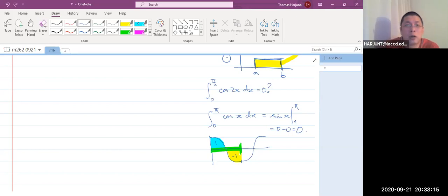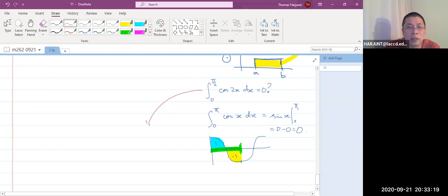Now, what happened to this case here? That case there is the graph of cosine 2x, where you shrink cosine x by a factor of 2. So the period now is pi.